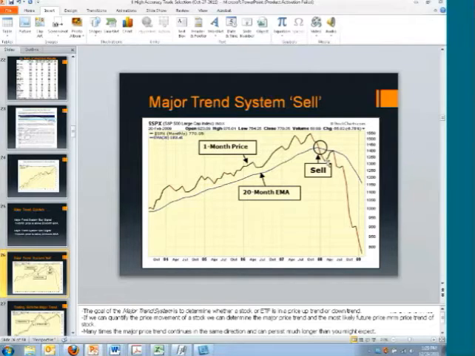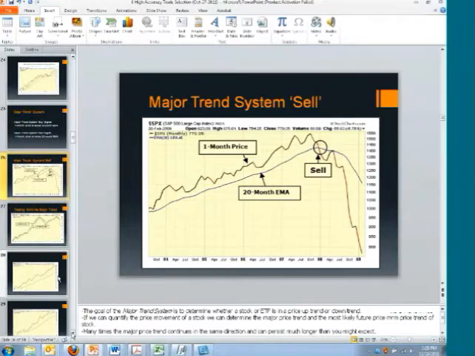And all the way down here, the analysts were saying it's going to bottom, and of course it didn't. And you really had to exit stocks at this point once this major trend system went on a sell signal.